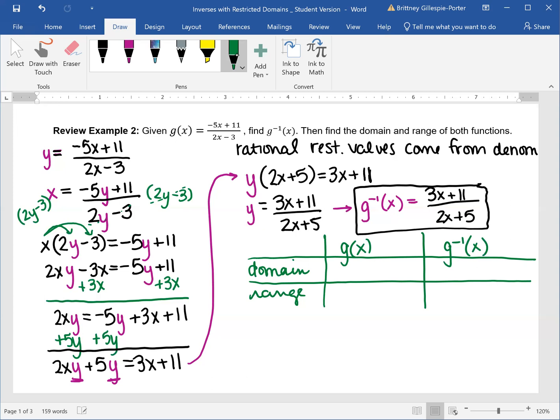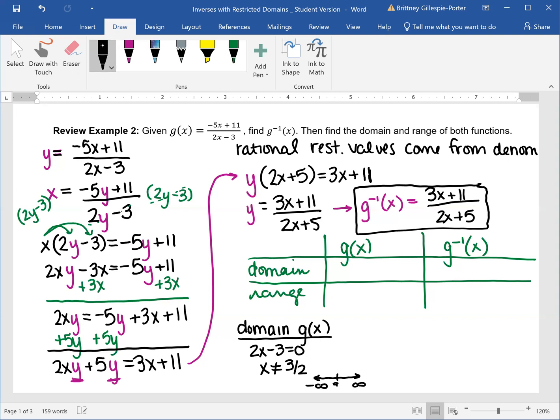So let's find the restricted values of g of x, so the domain of g of x. We're going to take our denominator, set it equal to 0. When we add the 3 and divide by 2, we find out that x cannot be 3 halves. And if you want to do the little number line, you can.